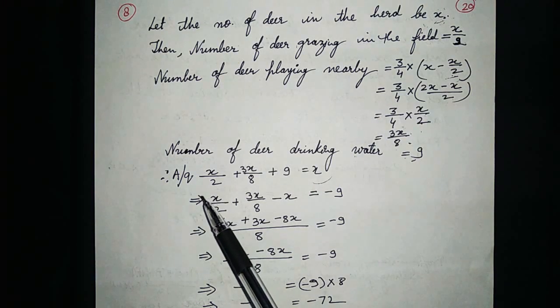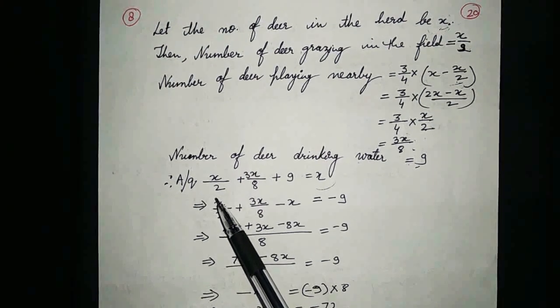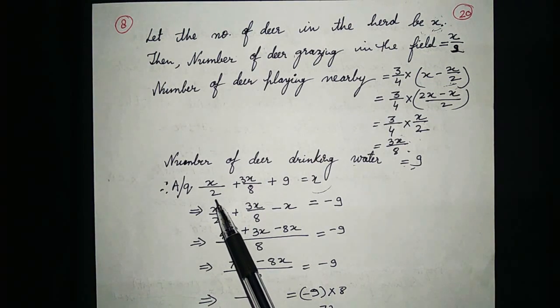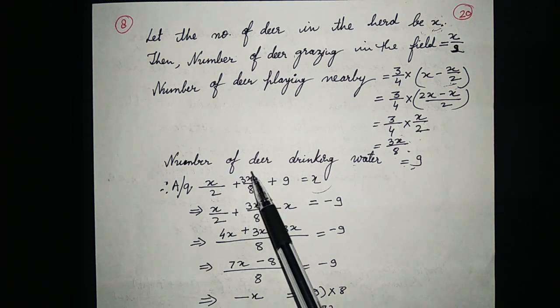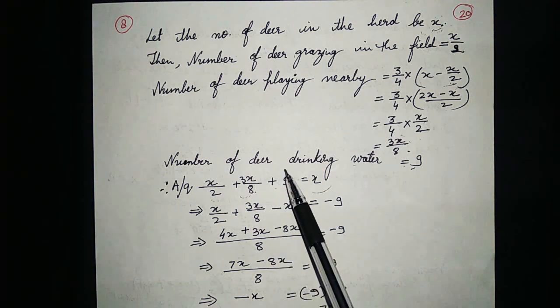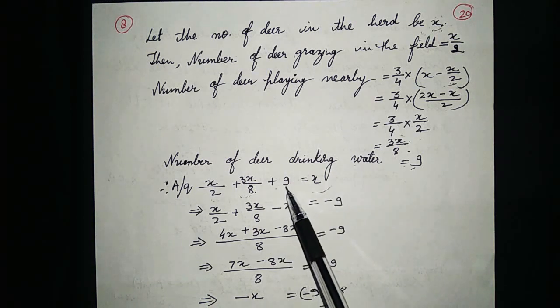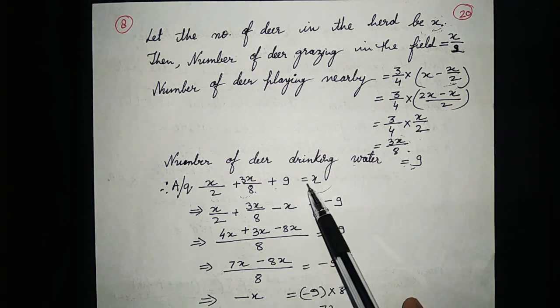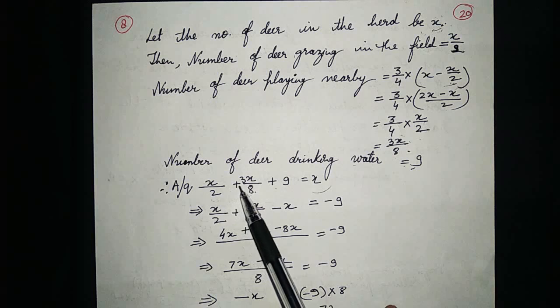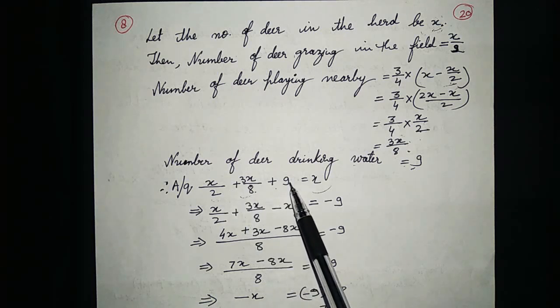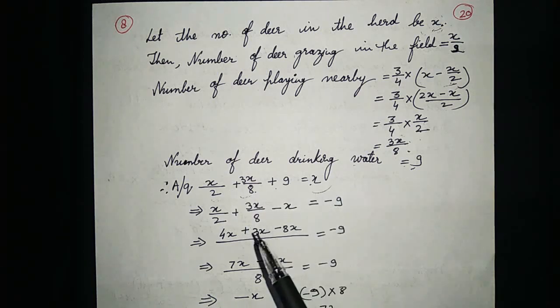So here you see the equation. Number of deer grazing in the field, x by 2, plus number of deer playing nearby, 3x upon 8, plus number of deer drinking water, 9, is equal to total deer. So the equation is x upon 2 plus 3x upon 8 plus 9 is equal to x. Now we will solve it.